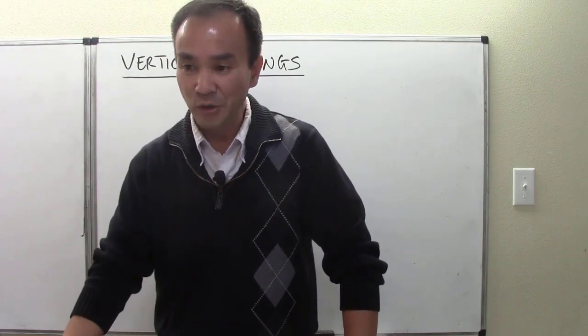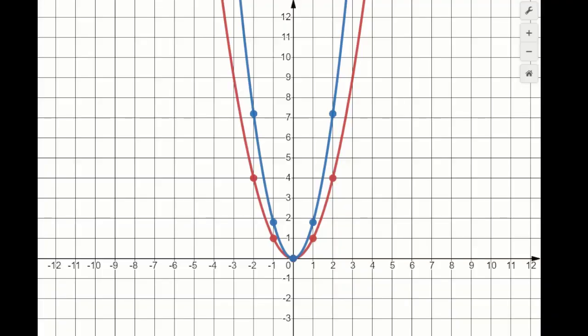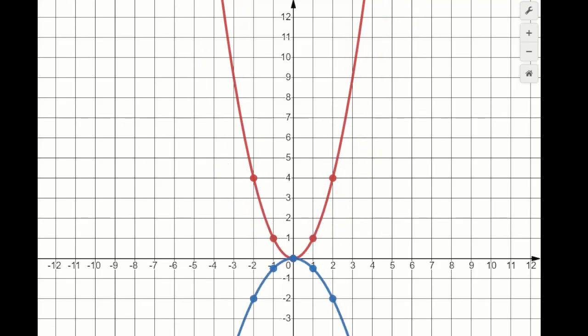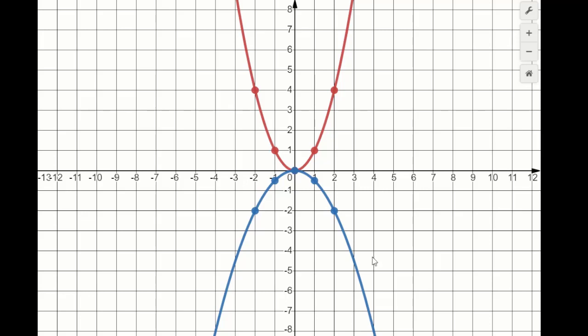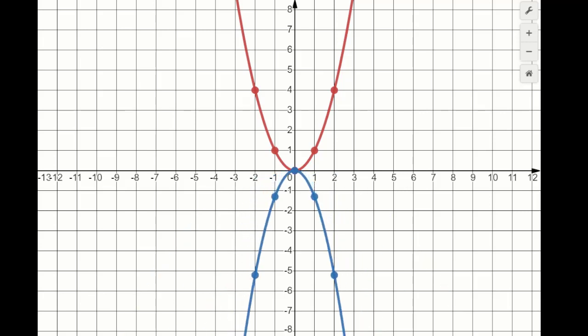Furthermore, we also want to study what causes the graph to flip upside down. Vertically flipped through the x-axis, and once vertically flipped, it continued to become vertically stretched downward.